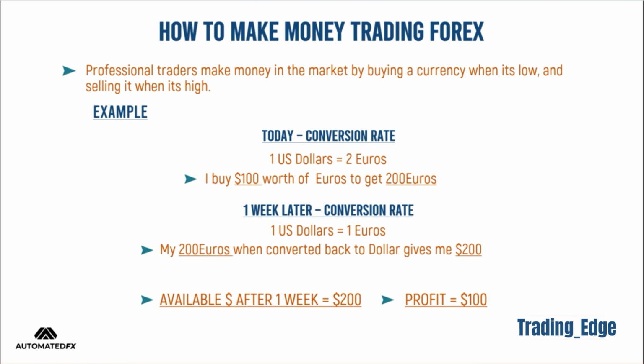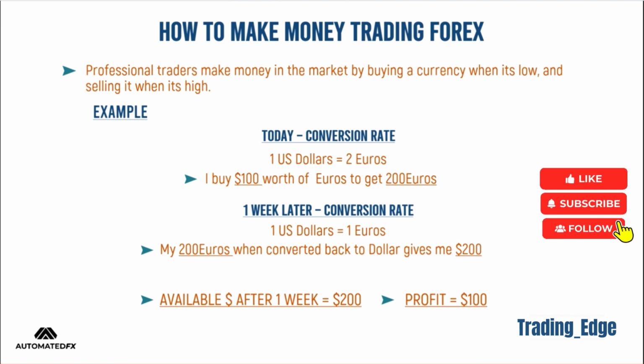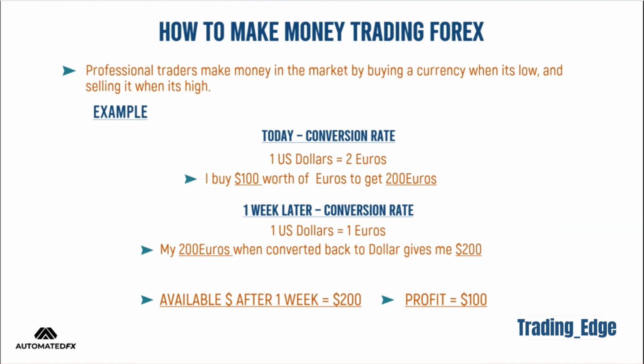So it means the euro has gained value over the dollar. Remember, I now have 200 euros. So my 200 euros, when converted back to dollar, will give me $200. So you now see the sense in that. Because the conversion rate has now improved for euro, when I convert my euro back to dollar, I now get $200 instead of the $100 which I initially bought.